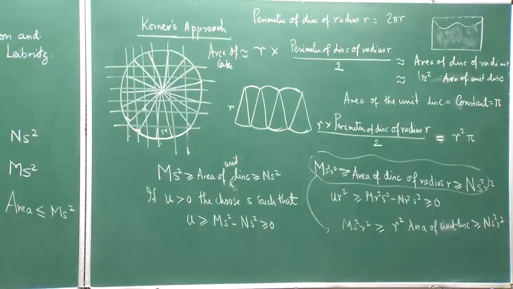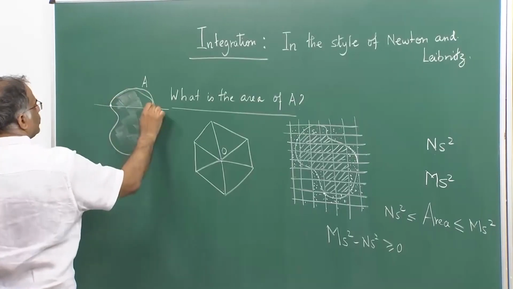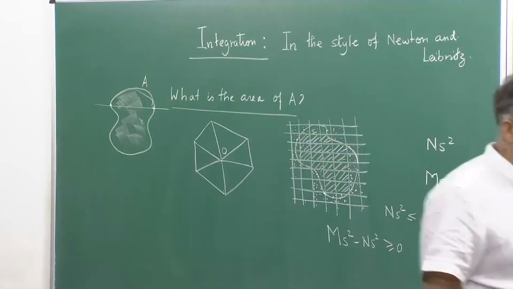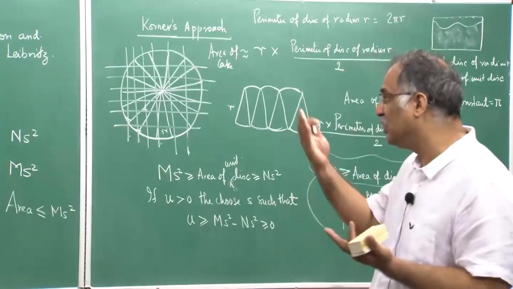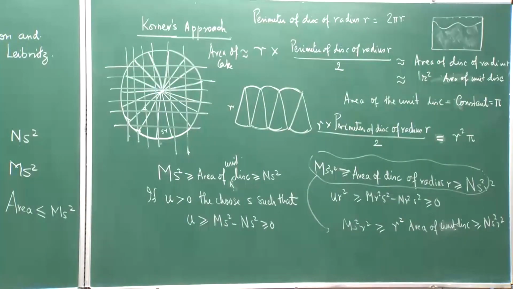So the question came when calculus was developed that sometimes curves can be defined as some function, a continuous function. Then how do I go about finding the area under the curve of a function which takes non-negative values between 2 points? That is exactly what we are going to discuss now.